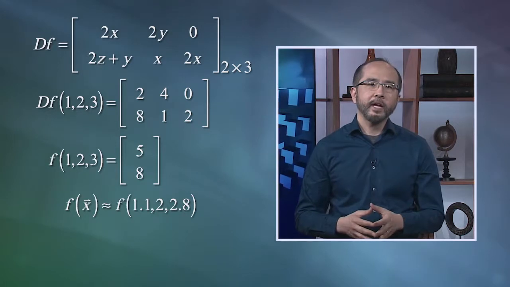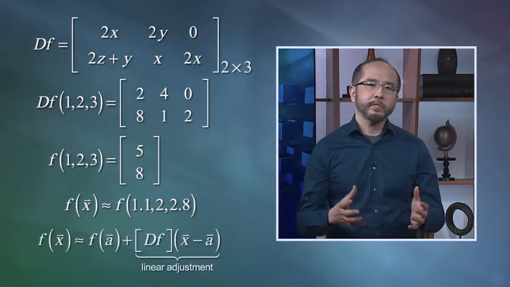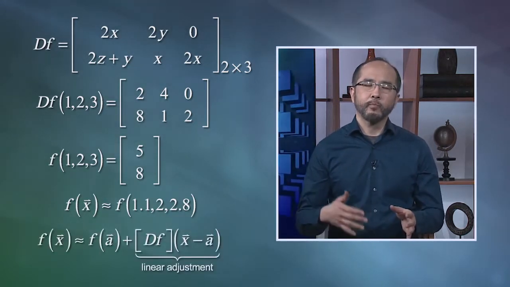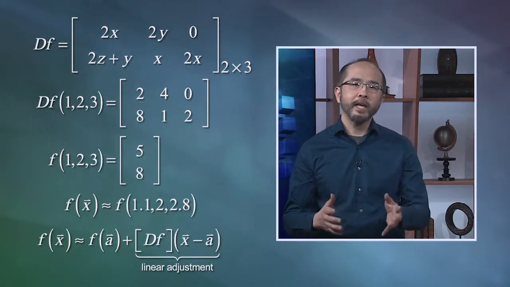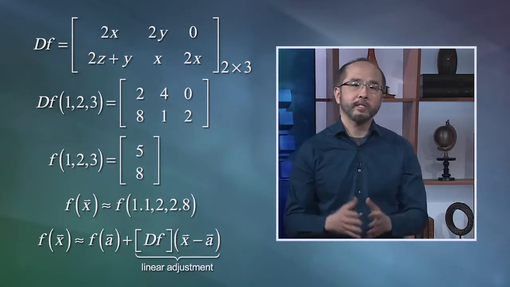then I can use this approximation, which says f of x is approximately f of a plus an adjustment that is the matrix df at a times the change in input, which is x minus a.